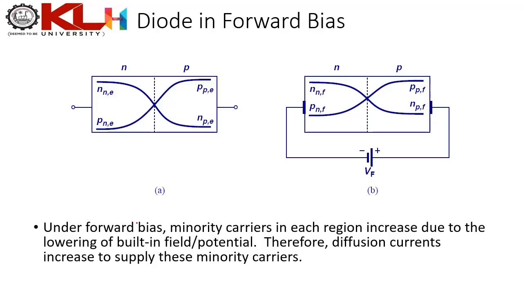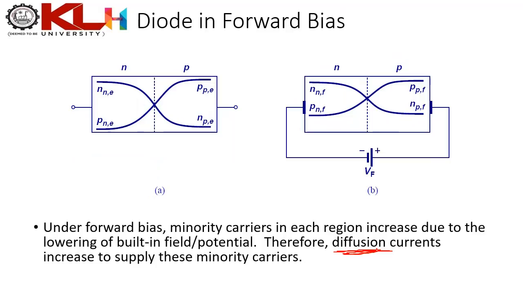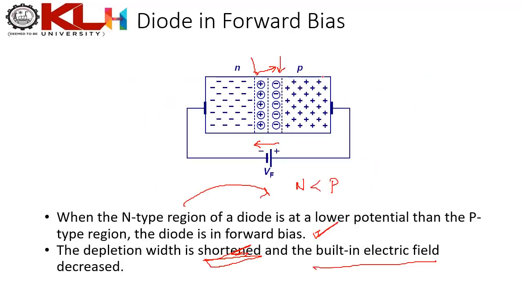How is this possible? This is purely because of diffusion. Let me explain diffusion in simple terms. Now that the depletion region width is decreased, there is a greater possibility of holes in the p-type region crossing over the shortened depletion region and moving into the n-type region.